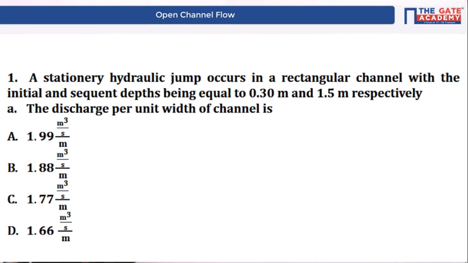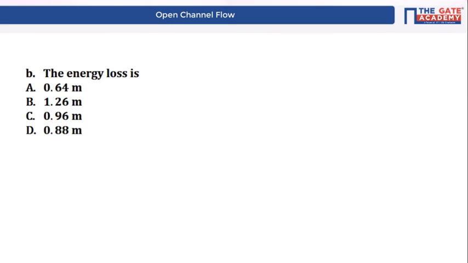They are asking the discharge per unit width of the channel: option A 1.99 meter cube per second per meter, B 1.88, C 1.77, D 1.66 meter cube per second per meter. Next they are asking the energy loss: option A is 0.64 meter, option B is 1.26 meter, option C is 0.96 meter, option D is 0.88 meter.